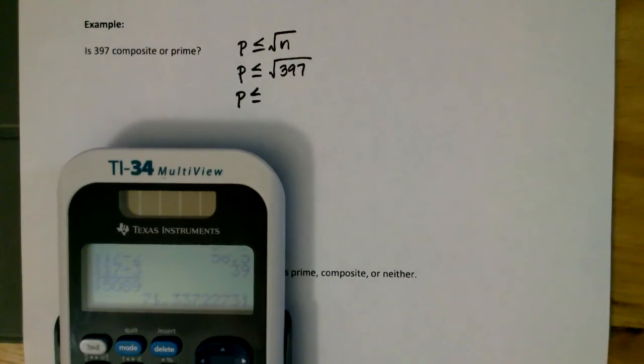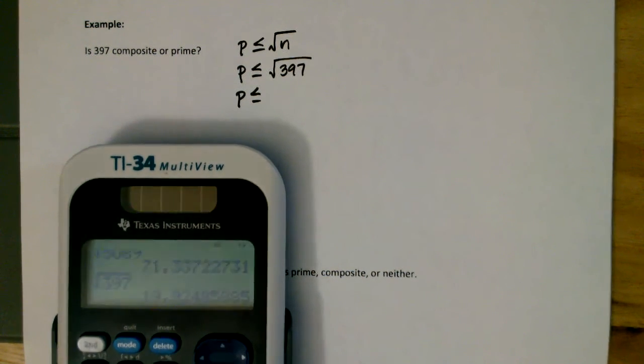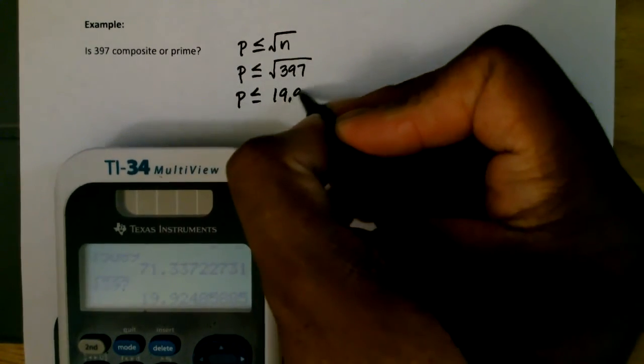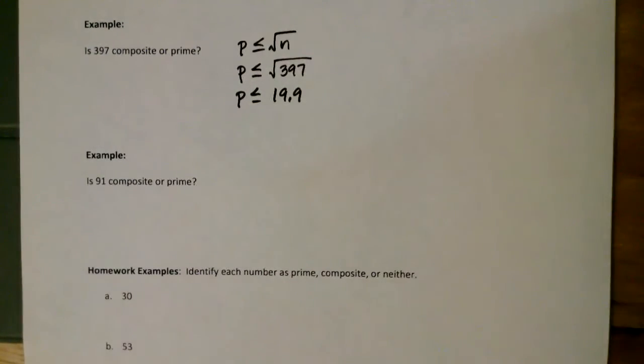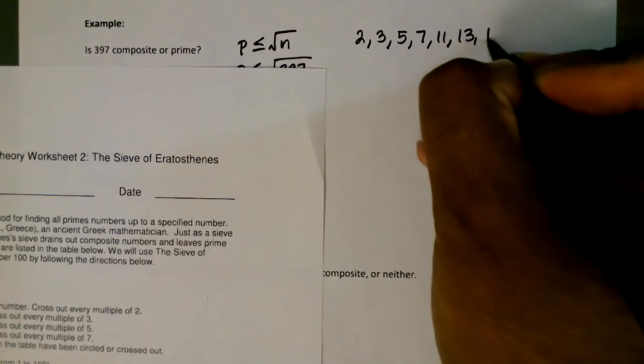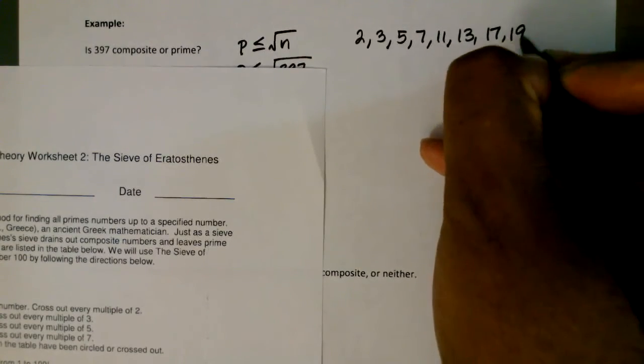That'd be 19.9. So the largest prime I need to consider that I can use would be 19. So I can't go any further than 19. I can test these prime numbers: 2, 3, 5, 7, 11, 13, 17, and 19.